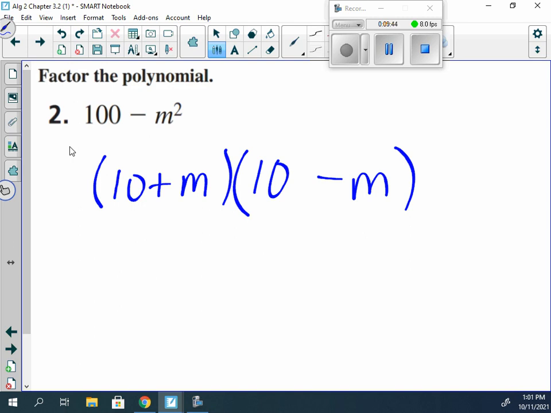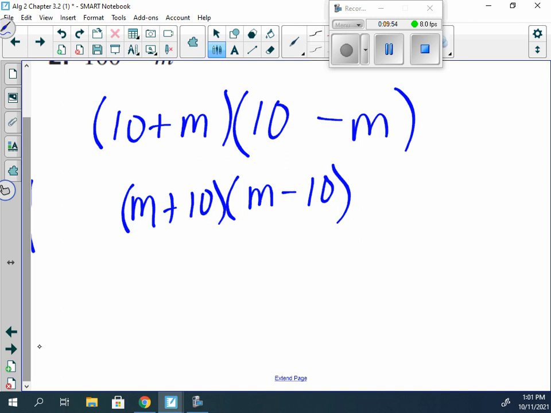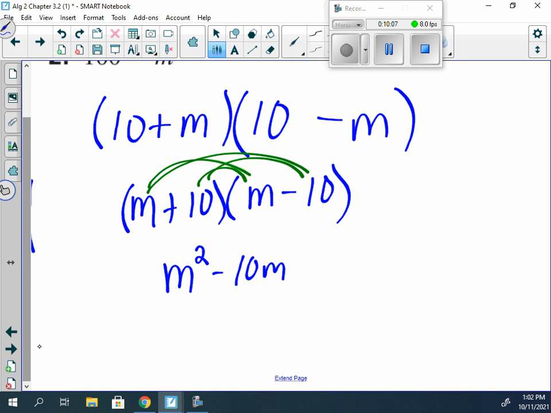Because if we had m plus 10 times m minus 10, I'll go ahead and multiply this back out. If we distribute and multiply through, m times m would give us m squared. m times negative 10 would be negative 10m. 10 times m would be plus 10m.